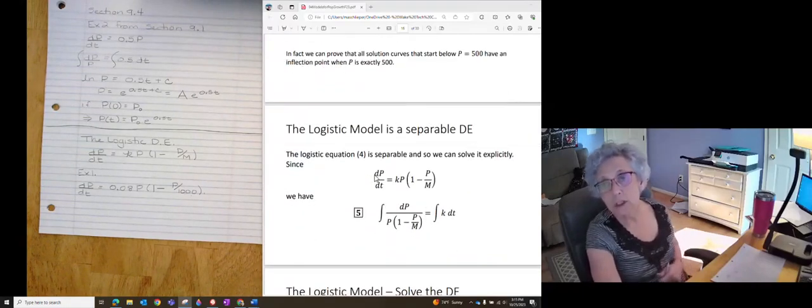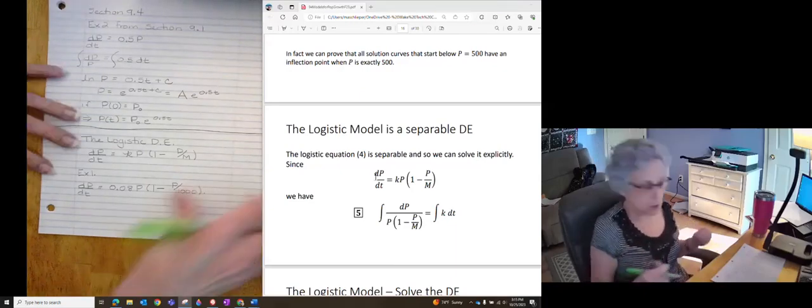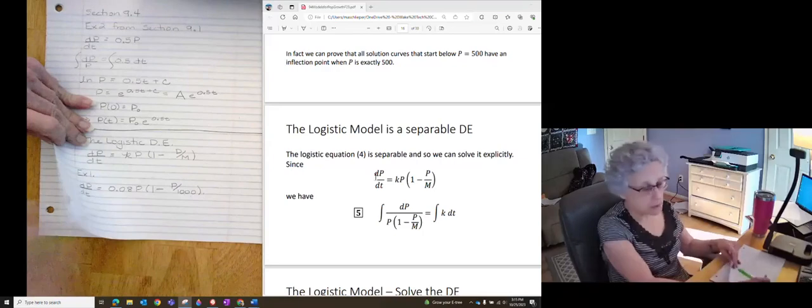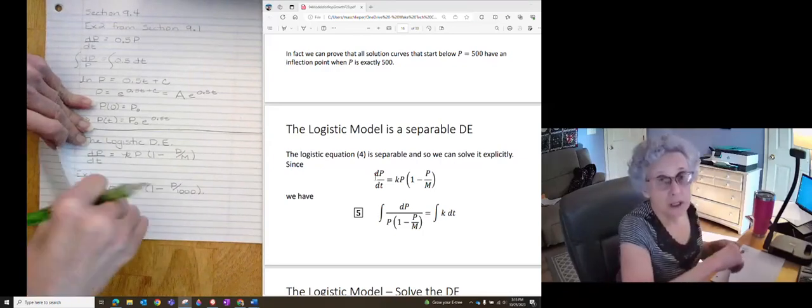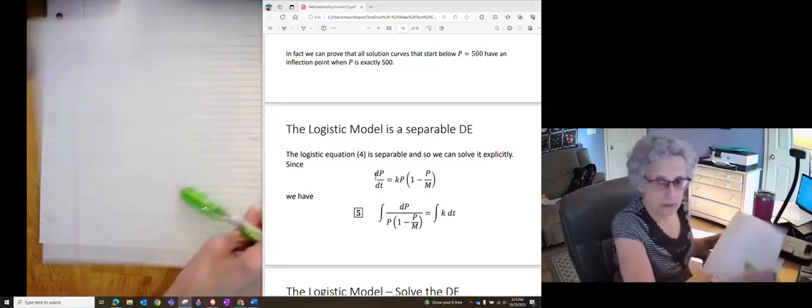Now, the logistic model is a separable differential equation. I'm going to solve it for you so you never have to solve it again. You can just use the pattern that we create when we solve it.